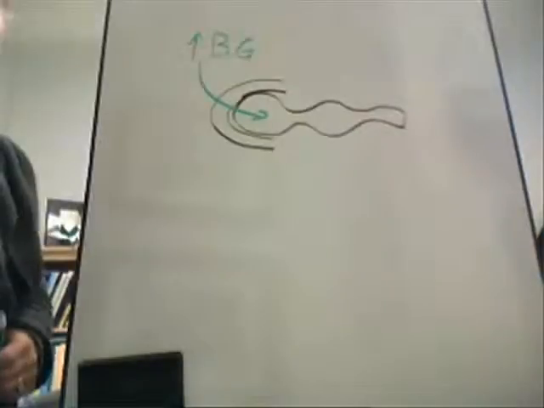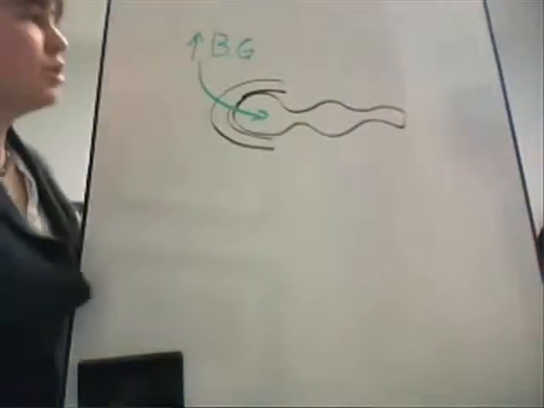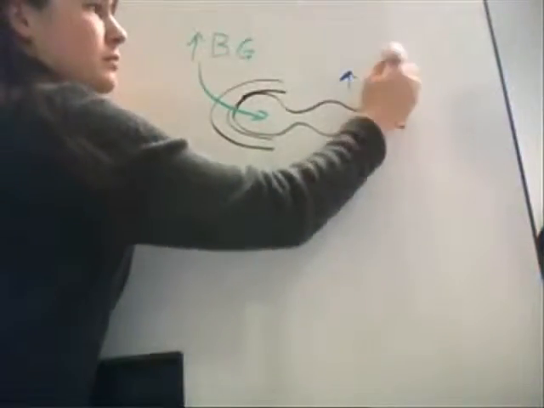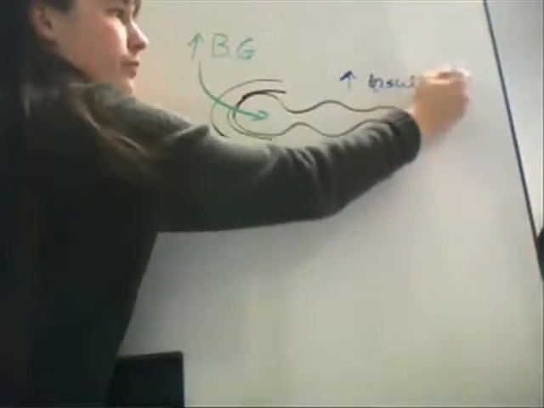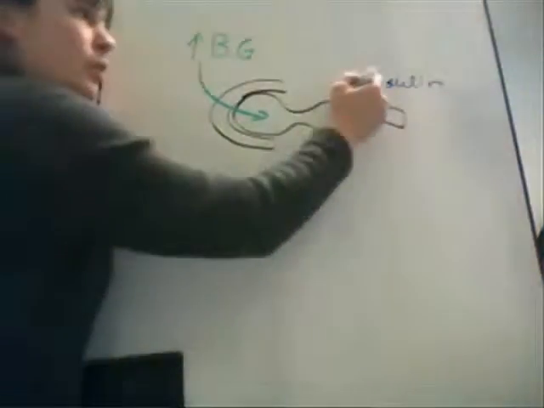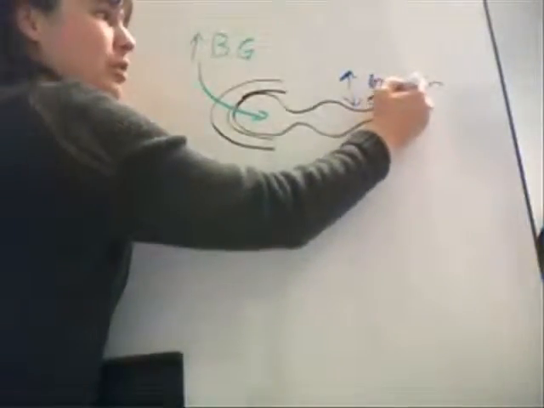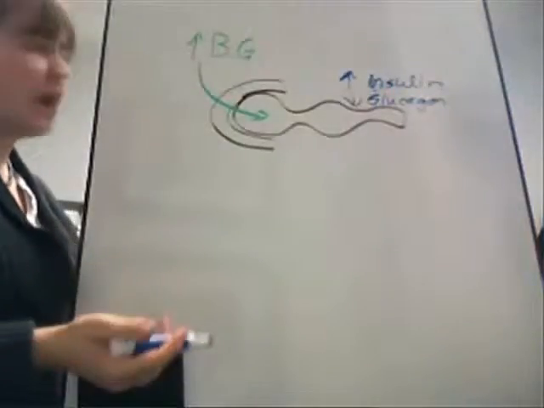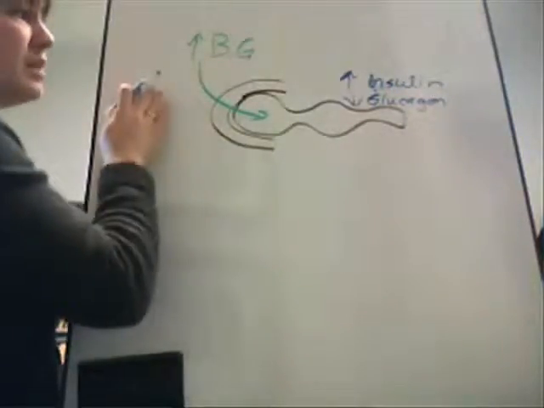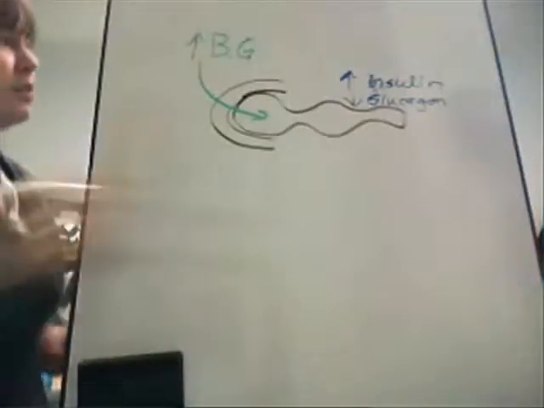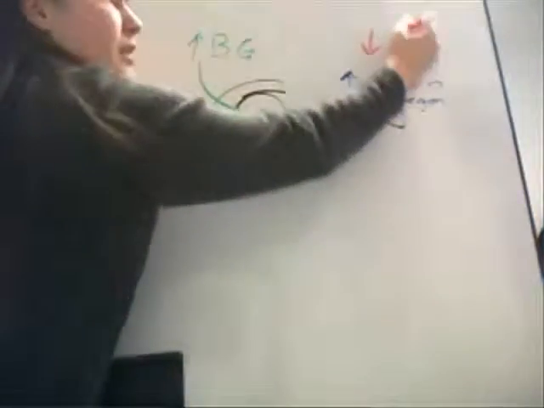In response to elevated amounts of blood glucose, it is going to begin secretion of insulin from the beta cells of the pancreatic islets, and then also we're going to decrease the synthesis of glucagon because they have opposing effects, and the glucagon is produced by the alpha cells. So when blood glucose levels are elevated, the pancreas responds by increasing insulin and decreasing glucagon. This is going to decrease blood glucose levels.